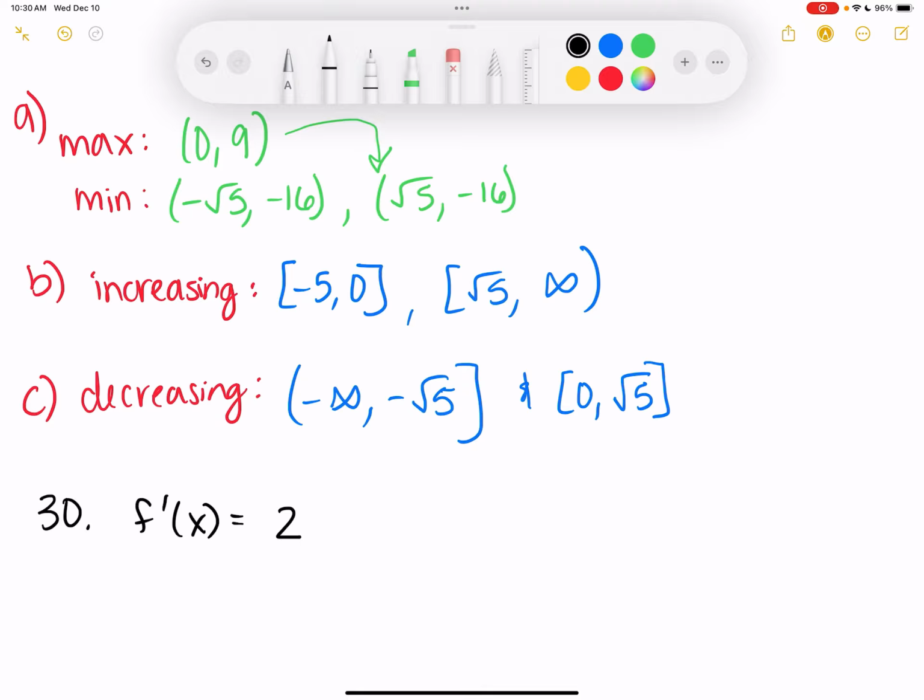So I'm saying, what original function gave me that? If this is a constant number, then there could have only been an x there, not raised to anything. So f of x is equal to 2x.